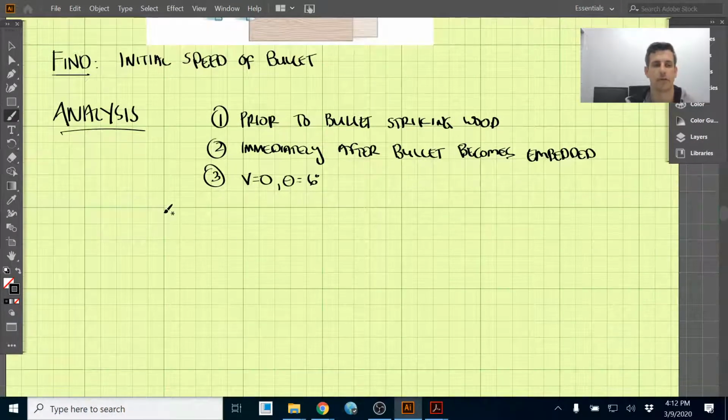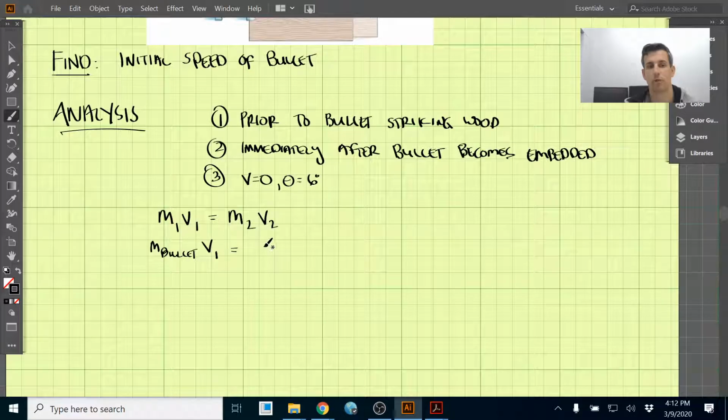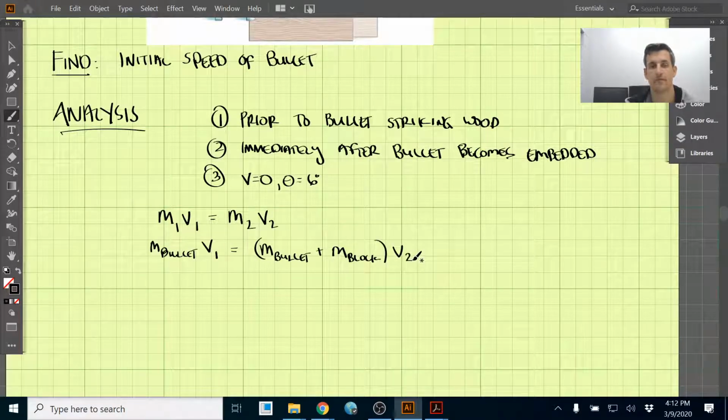So let's write our first conservation of momentum equation. So we have m1v1 equals m2v2. This is prior to the bullet striking the wood and right after the bullet strikes the wood. So this is the mass of the bullet times v1, the velocity that we're trying to find, and mass 2, right after it becomes embedded, is the mass of the bullet plus the mass of the block, times v2.